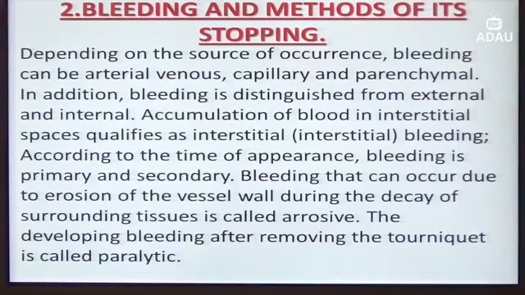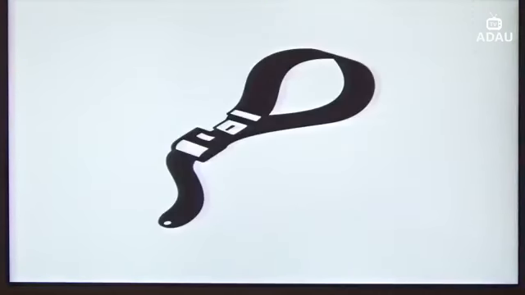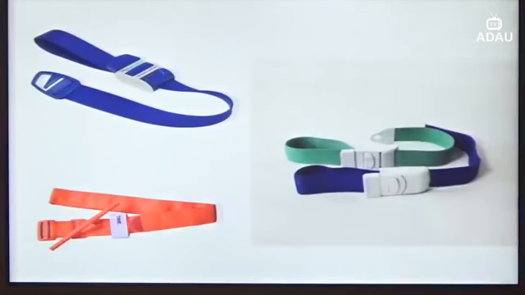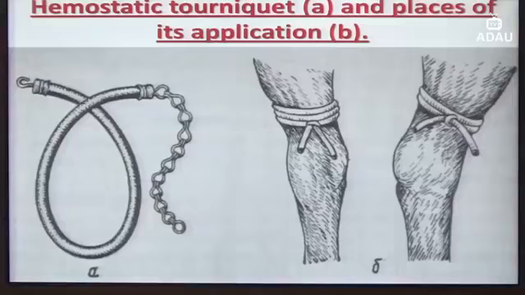But what should we do? We can apply a tourniquet some centimeters above the bleeding place. A tourniquet may be black, in different sizes, for a cat or for a dog, and maybe in different colors: blue, orange, green.